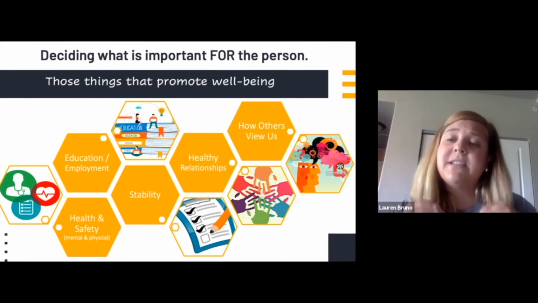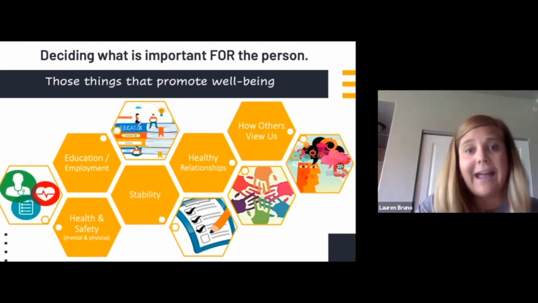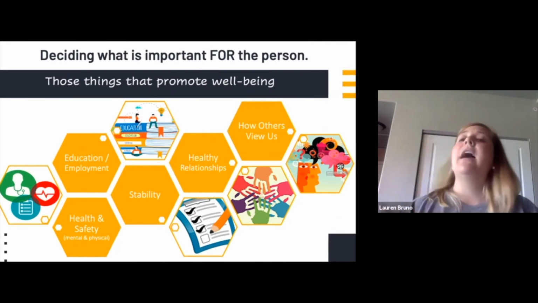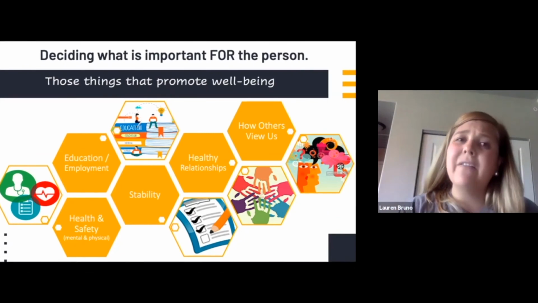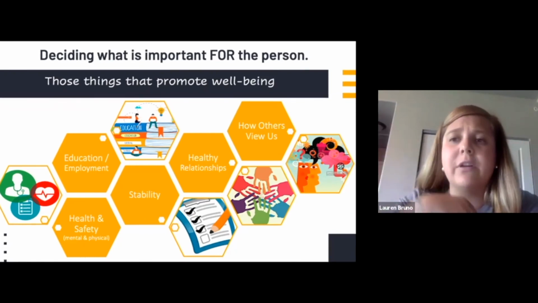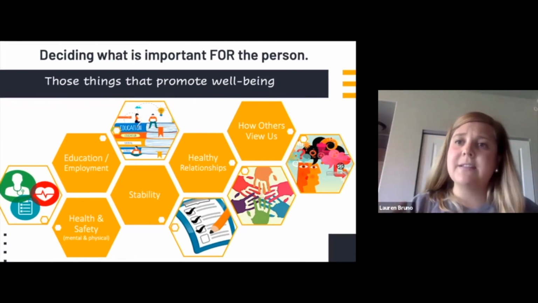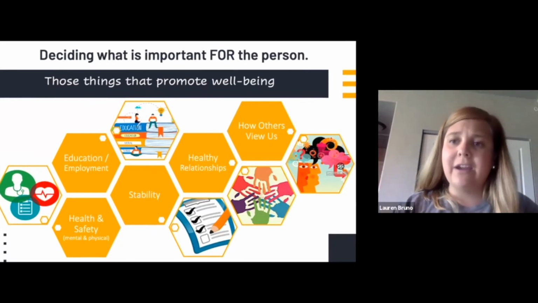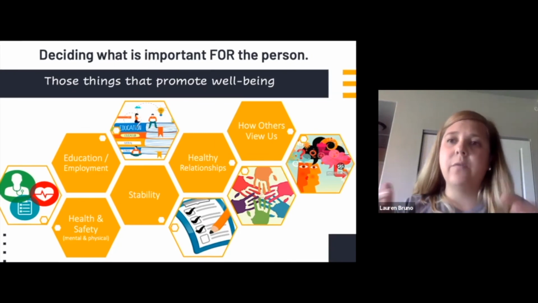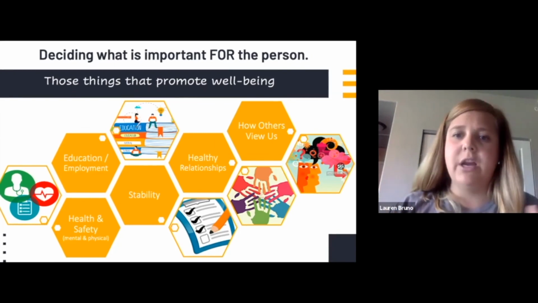Like, what do you specifically need to be successful in our classes and in your internships and career placements? Stability, so having someone there that you know is a go-to that you can rely on and understands your vision for the future and the here and now and what you might need in that moment to be successful. And that's what we mean by what's important for the person, what we can provide to you.